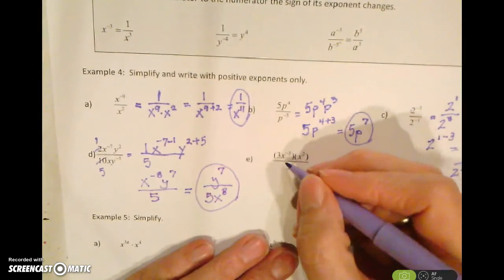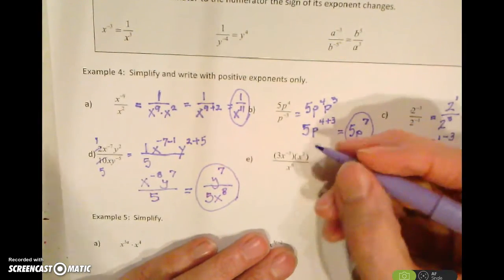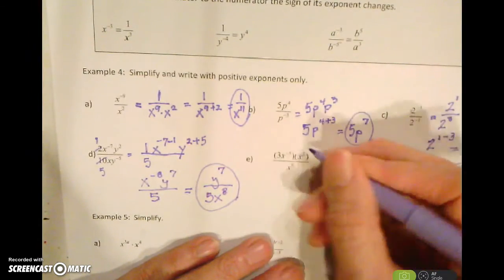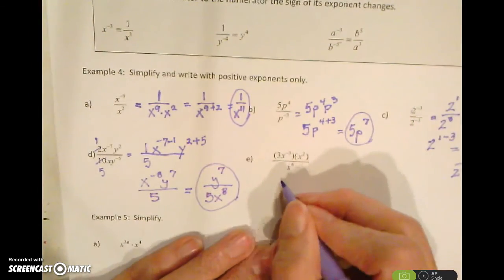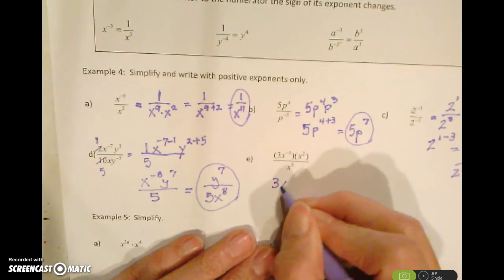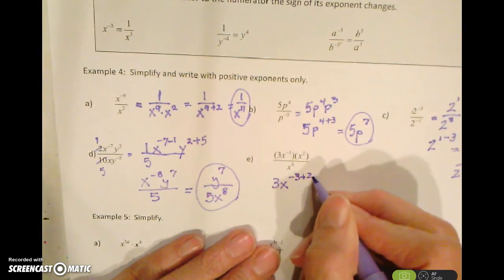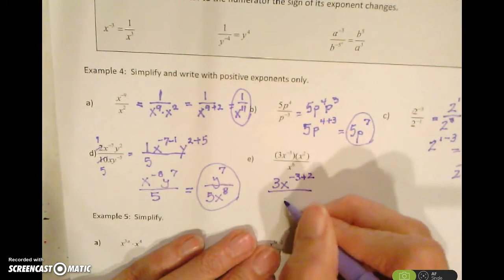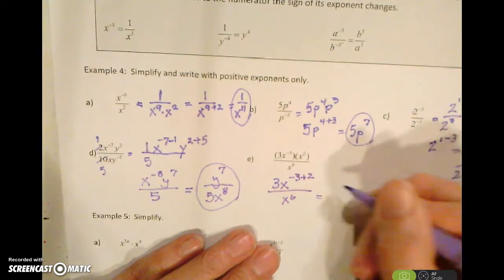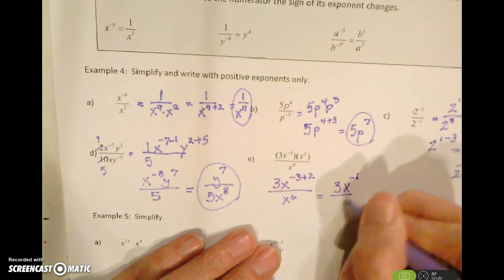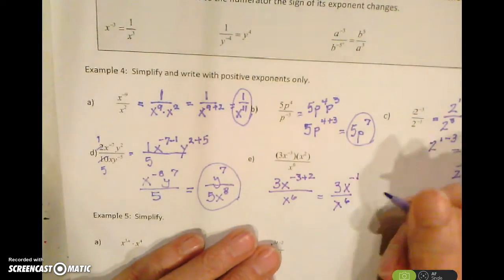On example E, I'm going to do the multiplication first. So I'll do it underneath it, 3, and I have x to the negative 3 plus 2 over x to the 6th. So that's 3x to the negative 1 over x to the 6th.